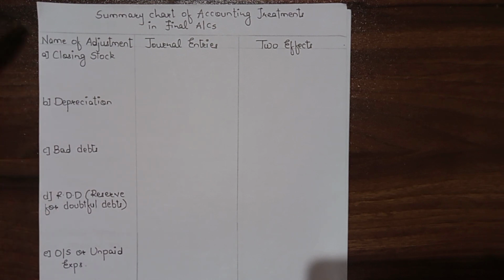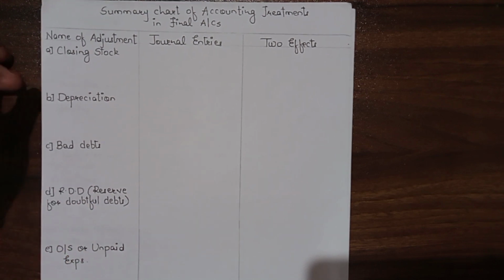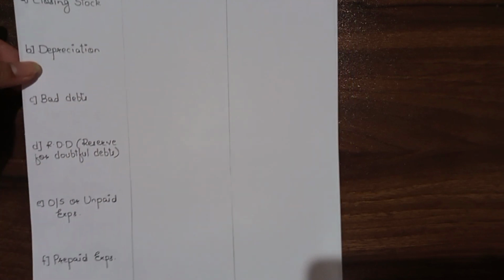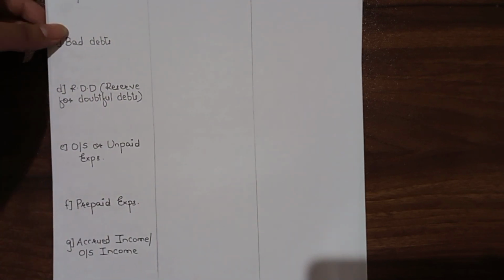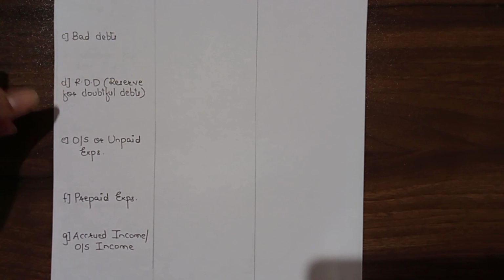The first adjustment is closing stock, then depreciation, bad debts, RDD, that is reserve for doubtful debts, outstanding or unpaid expenses. Next is prepaid expenses, and the last one is accrued income or outstanding income.